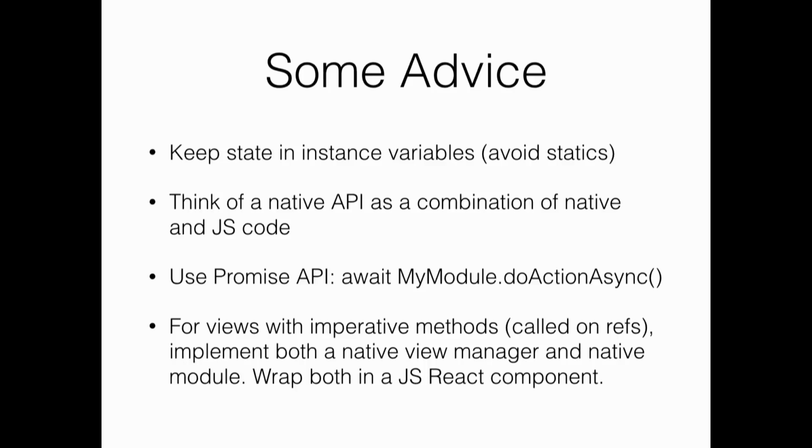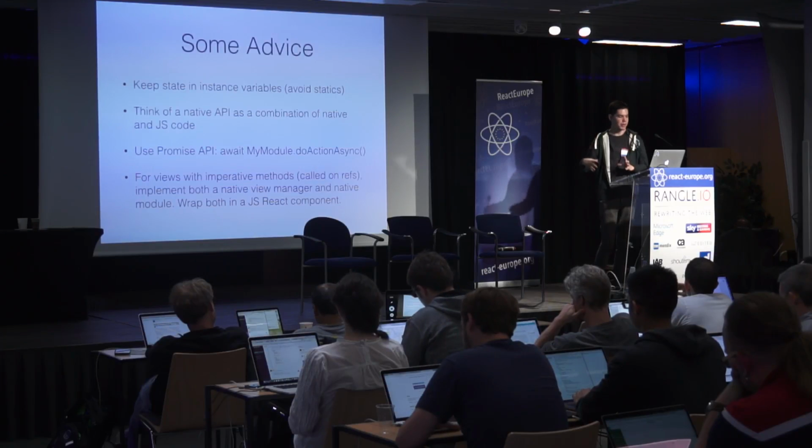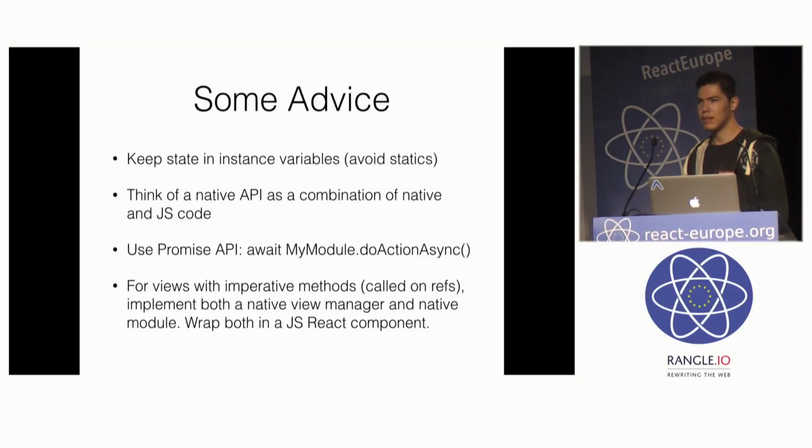So state in a previous run of your application is not persisted in a new run, so that you get a fresh copy of your app. But for this to work, a lot of your application state needs to be stored in instance variables, so that when you reload the app and the old native modules are destroyed and the new ones are created, the new ones don't have any old state carrying over.